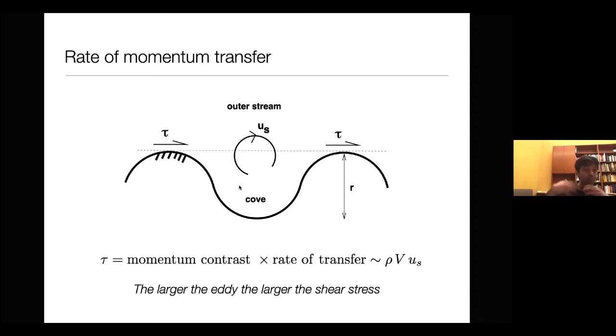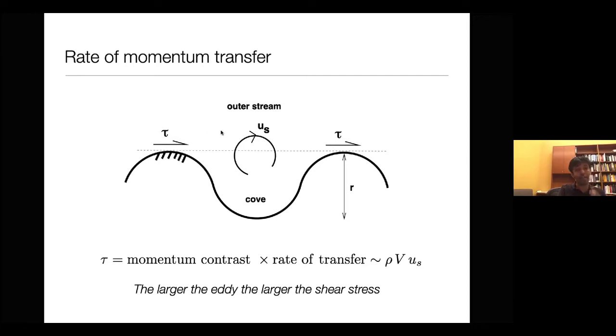So we have momentum transfer as a combined effect of all of these eddies. But if we ask which eddy is going to dominate the transfer of momentum, then it's not going to be the smaller eddies, because its velocity is small, but it's going to be the largest eddy, but not the largest eddy in the flow, but the largest eddy that can fit here.